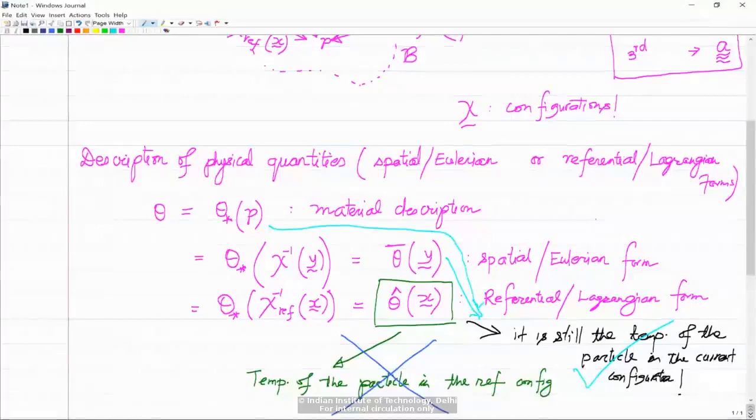It is just three different ways to express temperature. The same quantity, that is temperature, in the current configuration, whether you want to express it in terms of the position of the particle in the current configuration, the position of the particle in the reference configuration, or the particle itself.